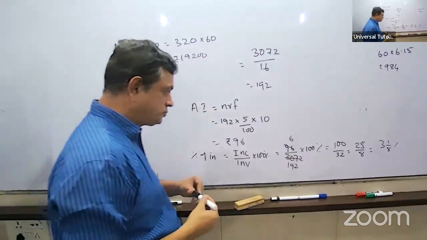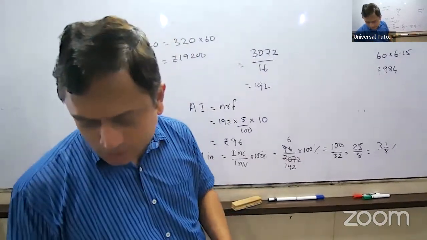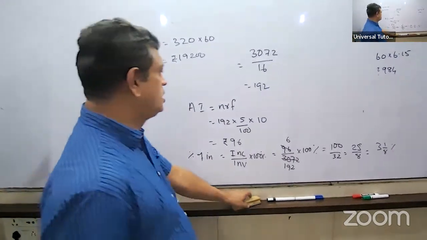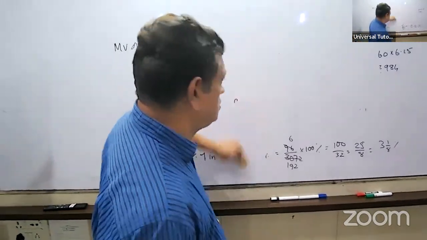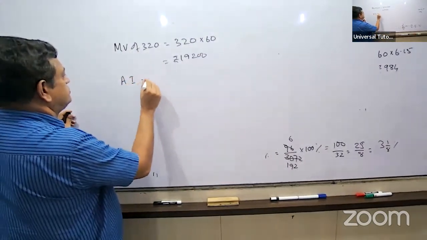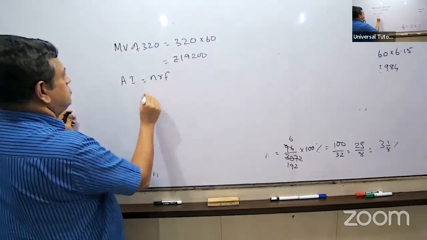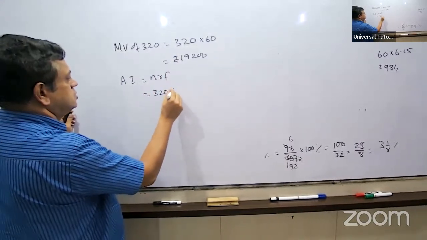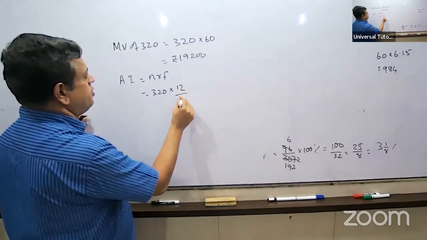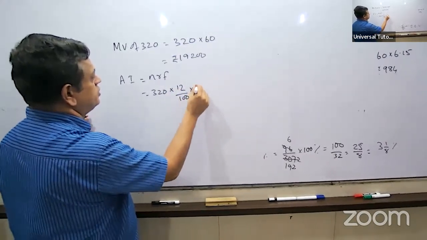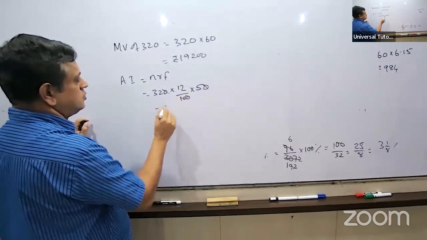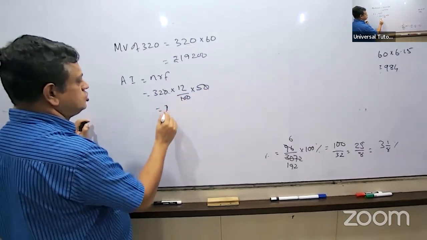Okay. Second one. What is the second part? Annual income is N into R into F. Number of shares how much? 320. Rate of dividend is how much? 12 by 100 into 50. 1920 rupees.